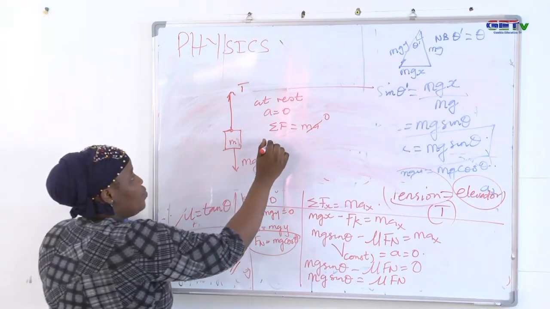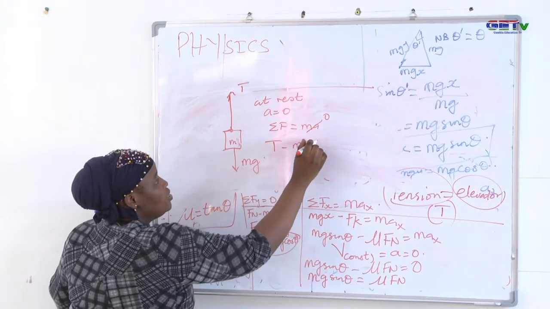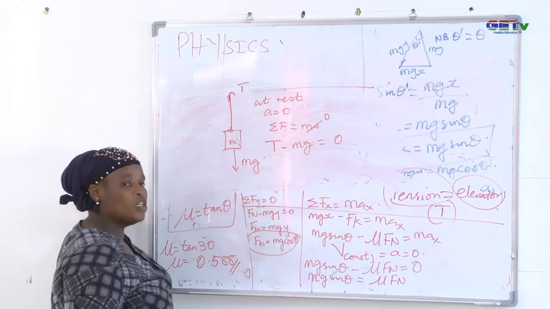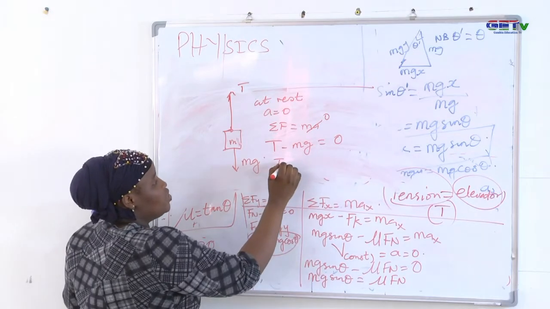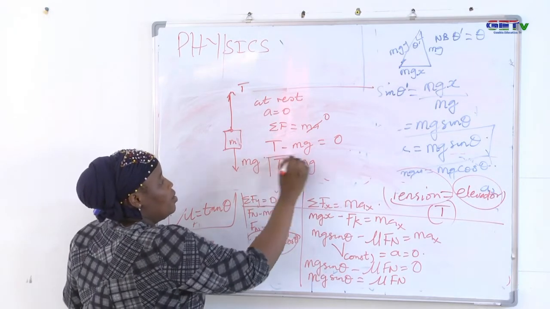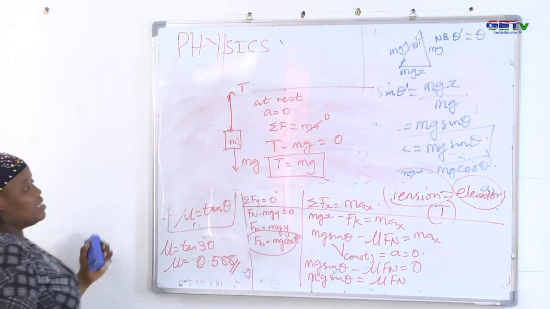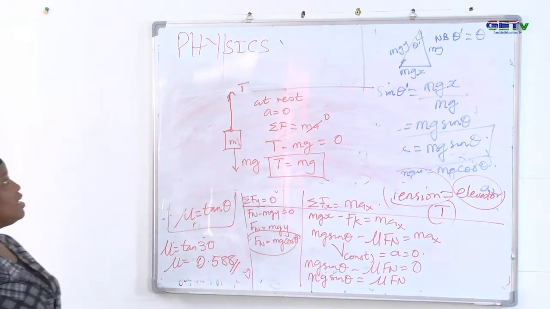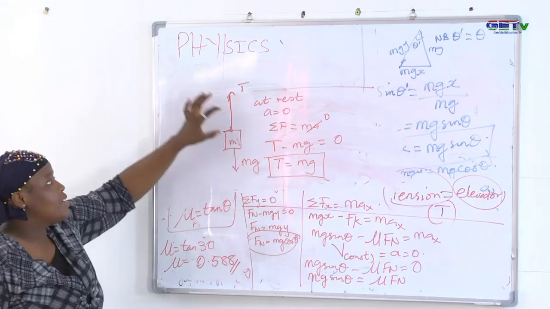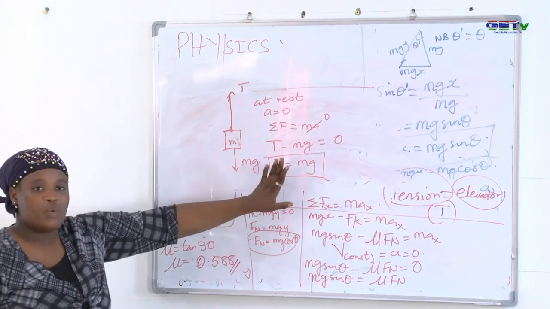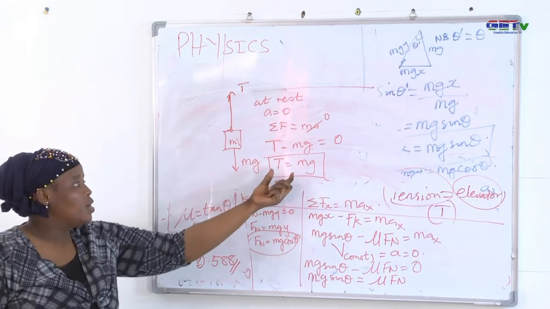So if we take the sum, that would be T minus mg is equivalent to 0, because the object is at rest. So this gives us T equals mg. So if an object is hanging or is at rest, the tension it experiences will be the same as the weight it has.